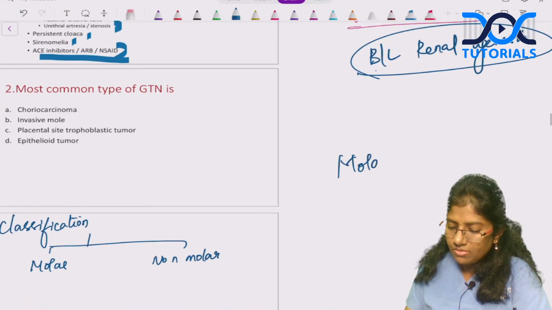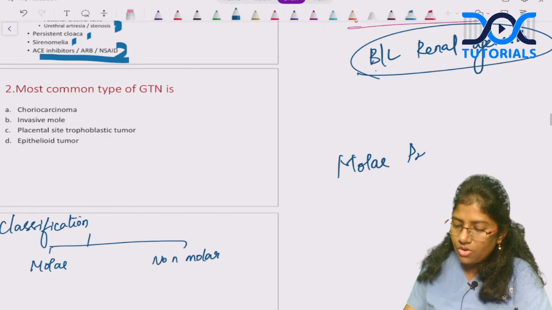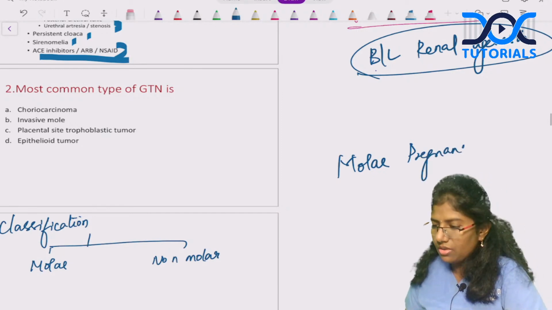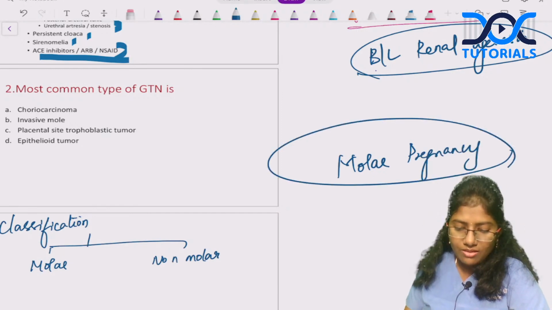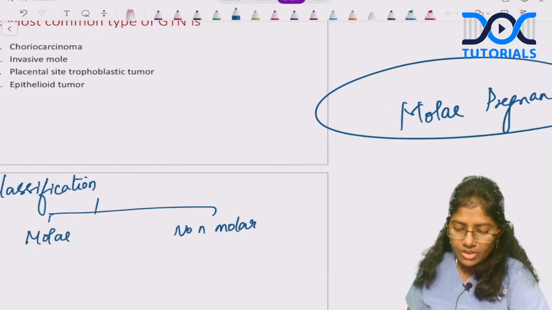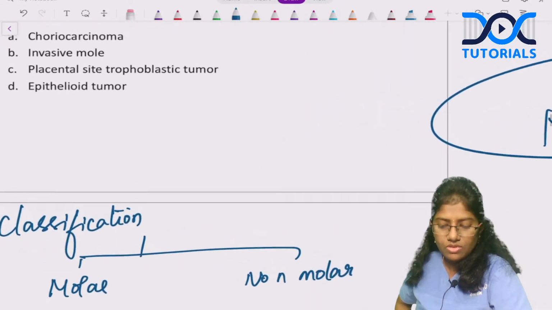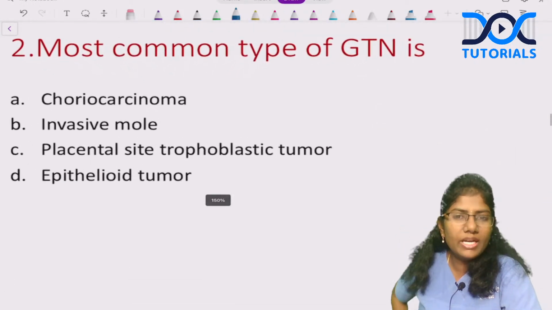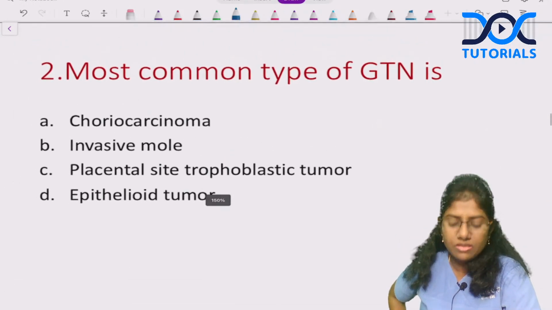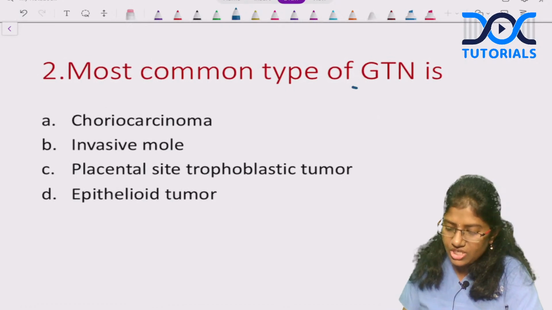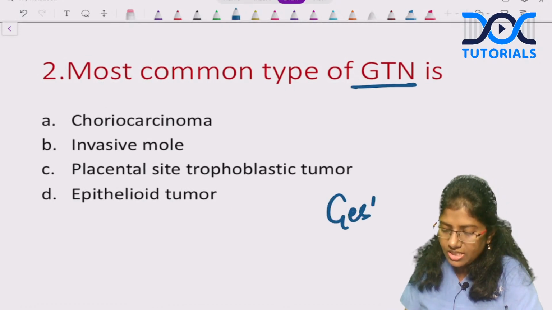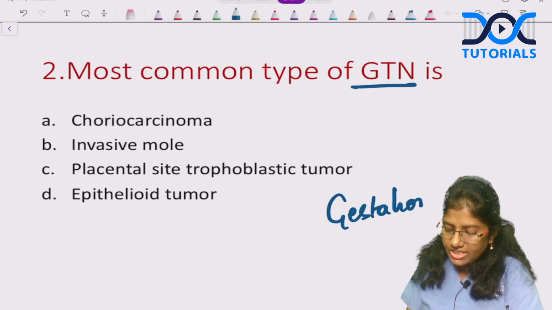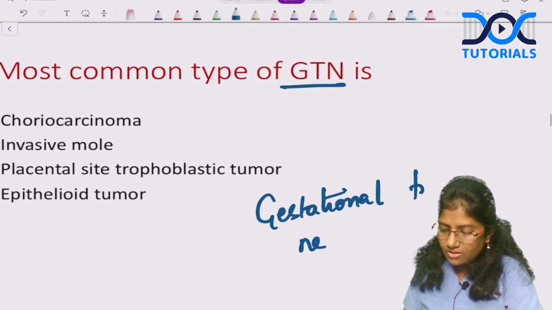So without wasting much time, let me tell you only important points here in molar pregnancy. Look at this MCQ, all of you. Most common type of GTN is, gestational trophoblastic neoplasia.